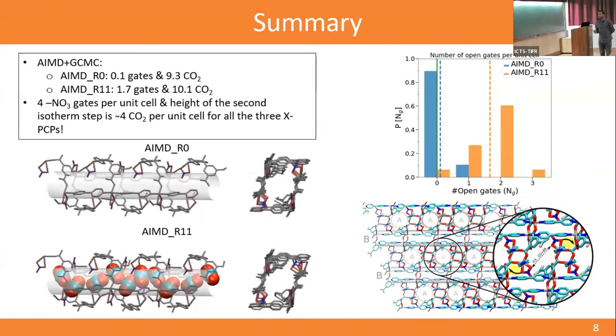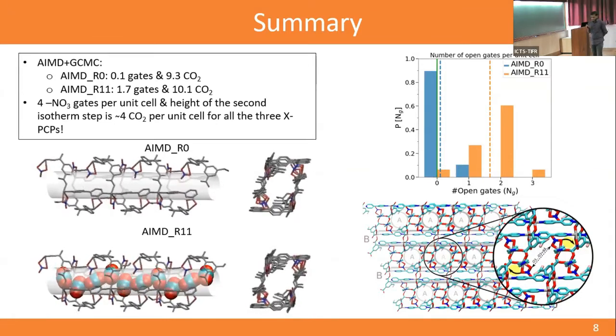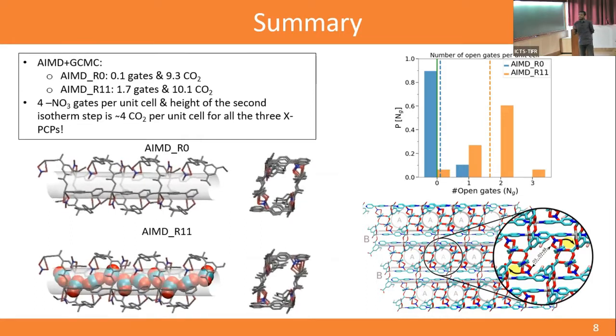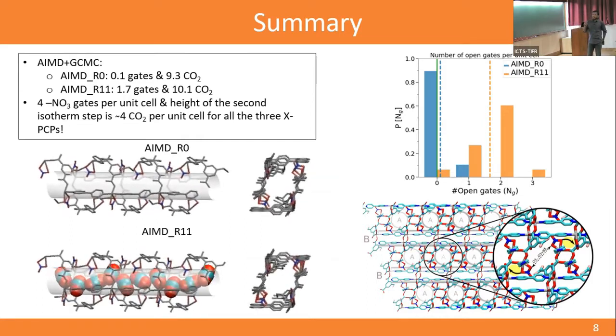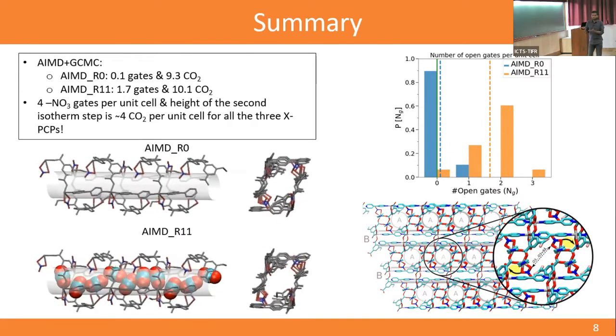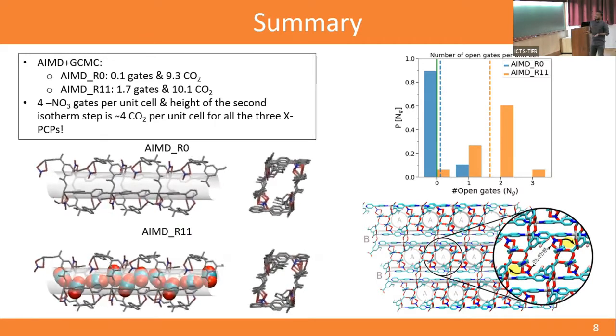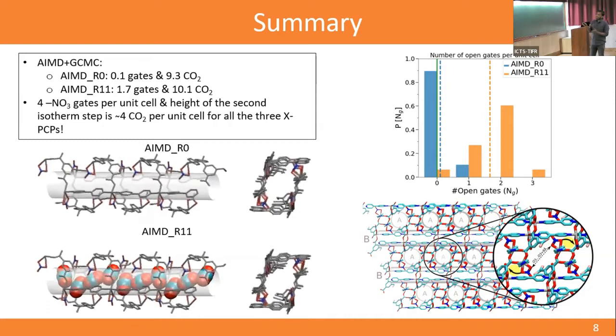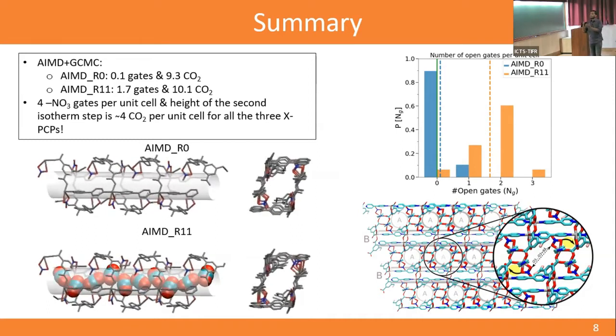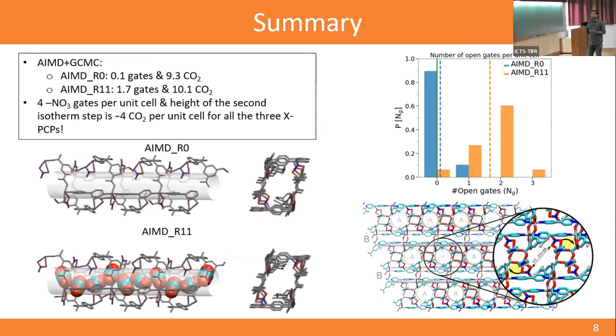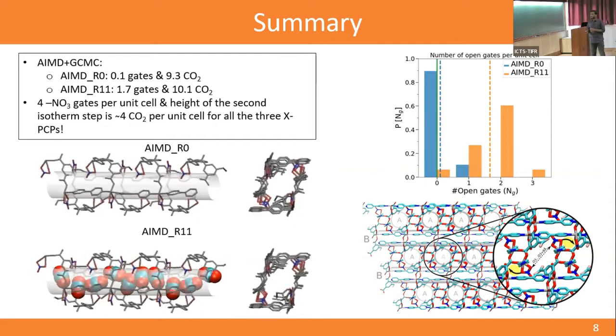And further, the net uptake in the second step of any of the 3 PCPs reported is exactly 4 carbon dioxide molecules per unit cell, which tallies with our hypothesis that NO3 gate opening is causing the second step in the isotherm.